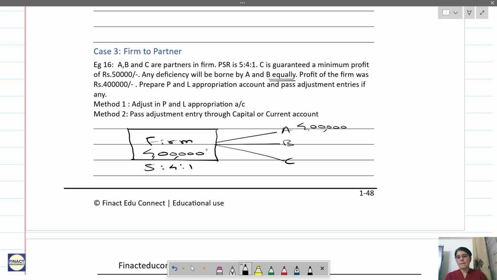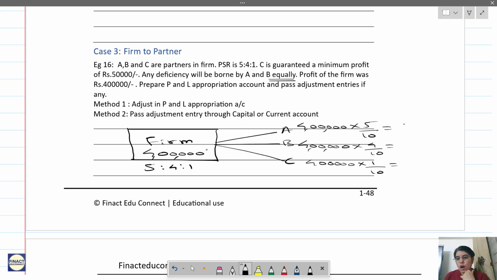4 lakh into 5/10. You can solve it along with me. 4 lakh into 4/10, B will get, and C will get 4 lakh into 1/10.